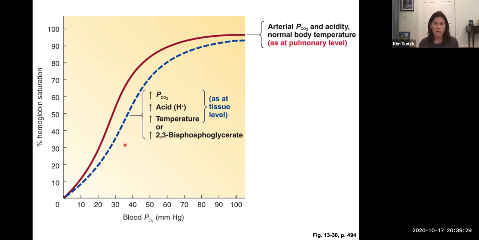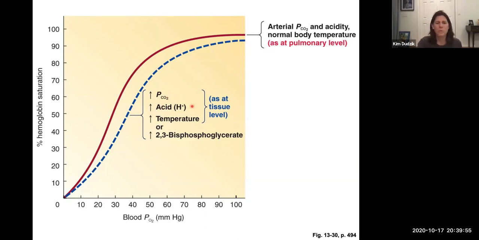So I want you to be able to relate what each of these conditions means. It means that there's a rise in metabolism, right? Metabolism, again, is all the chemical reactions that are occurring in a cell. So if metabolism increases, that means the cells are working harder. So when the cells are working harder, more CO2 gets released.